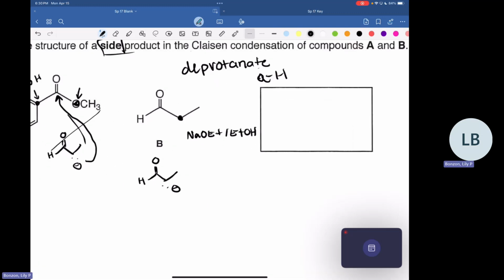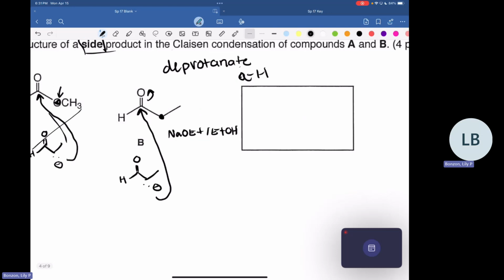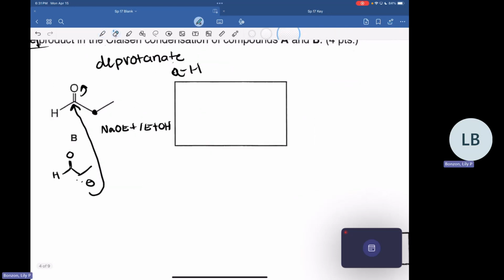Instead, what we can do is have the deprotonated version attack itself to form our product. So we've got our O- here, and we've got this, and this is where we attached our new group. That would be the molecule attacking itself and forming a side product.